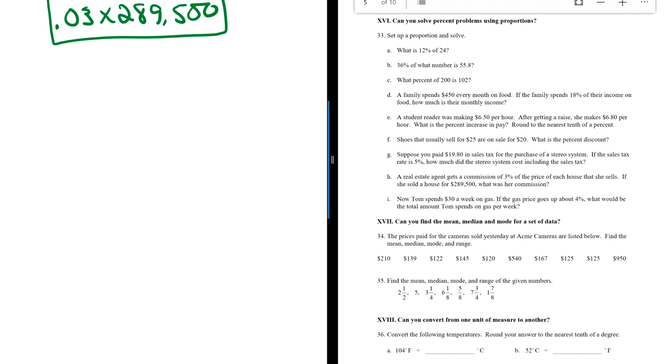Okay, he spends 30, and then if it went up 4%, I'm going to take the 30 and multiply it by 0.04. That's your 4%. Okay, and what does that come to? 30 times 0.04 is $1.20.